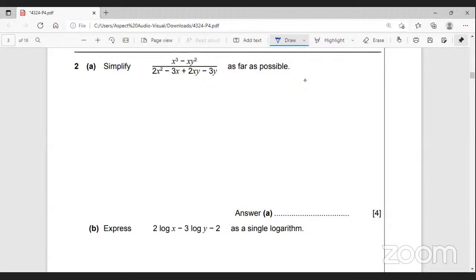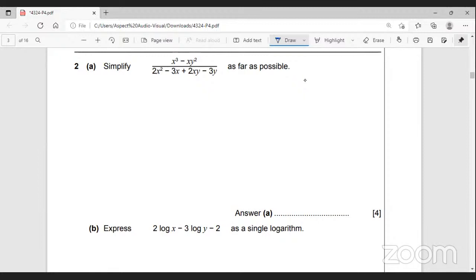When they say simplify, definitely it is a fraction, and therefore we are going to factorize. Are we together? So for the numerator, you need to look for the common factors. The numerator is not a difference between two squares. And the denominator is quadratic, but it's quadratic with different variables. Therefore, the denominator is going to be factorized by grouping.